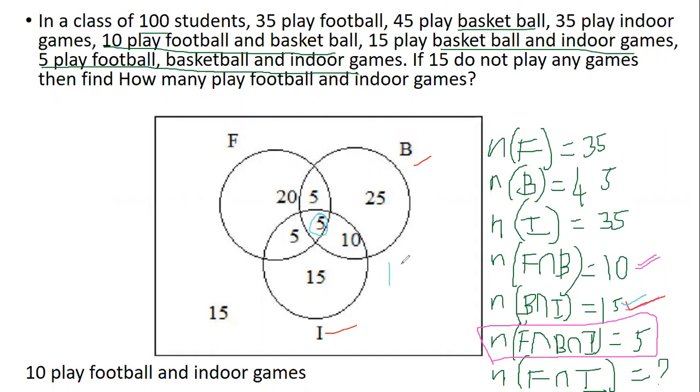So what is remaining? 15 minus 5, which is 10. So 10 are the people who play both basketball and indoor games. Understood till here? Any doubts till here? 5, 5 and 10? No. Good.